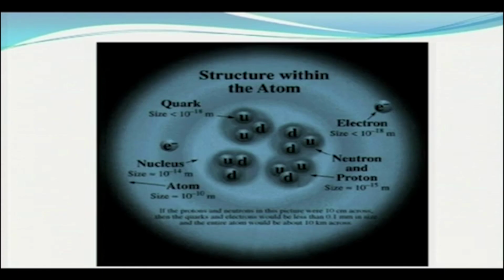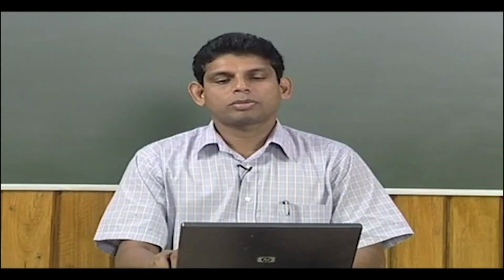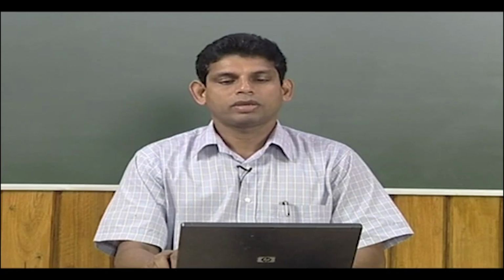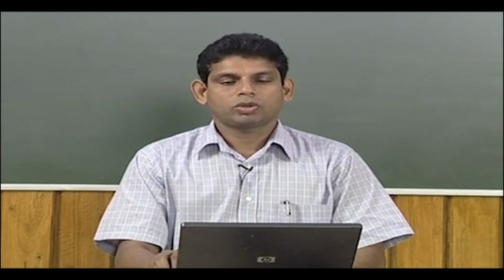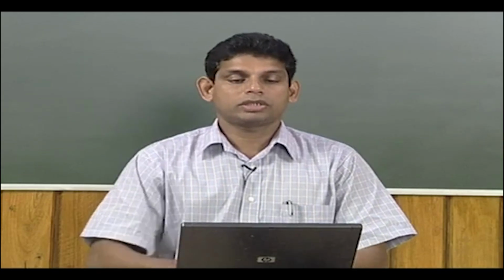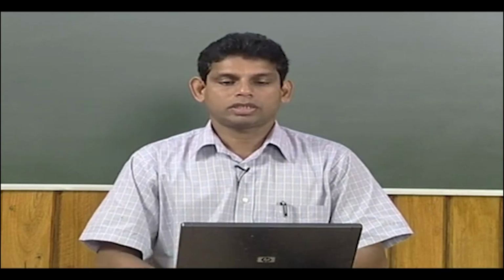Similarly, a neutron has 3 quarks again, but there are 2 of D type and 1 of up type. In the second part of this course, when we discuss properties of elementary particles, we will discuss more about the quarks and their interactions and other bound states that the quarks form, etc.